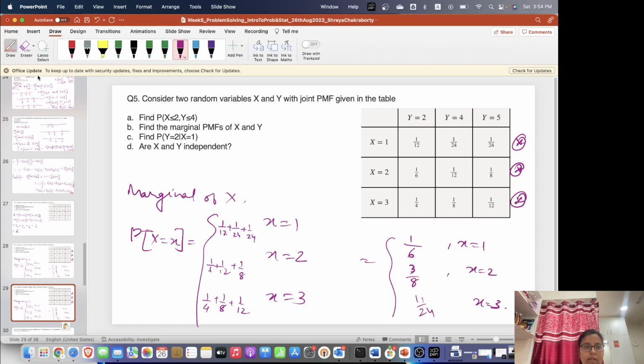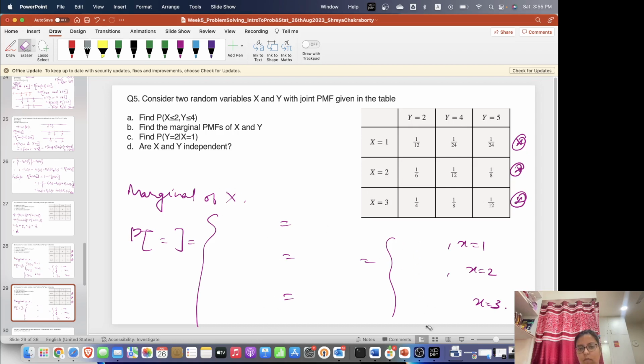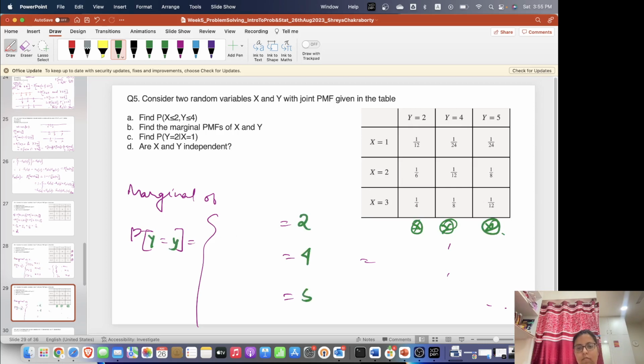Yeah, y equal to 2, y equal to 4, and y equal to 5. For y equal to 2, it is 1 by 2.